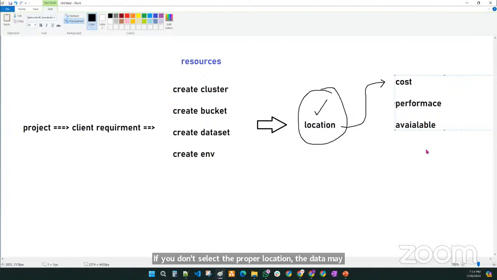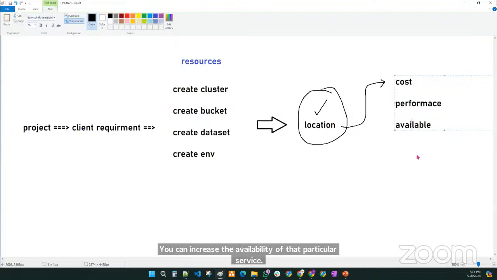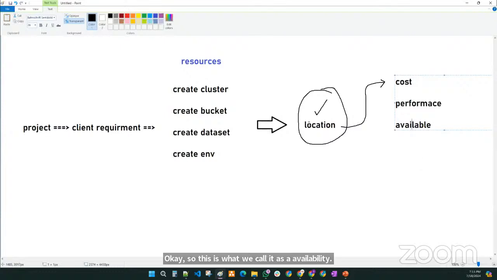So you have to properly select a location so that you can reduce the cost, increase the performance, and increase the availability of that particular service. This is what we call availability. This is what we call a location, guys. Very, very important, GCP locations.